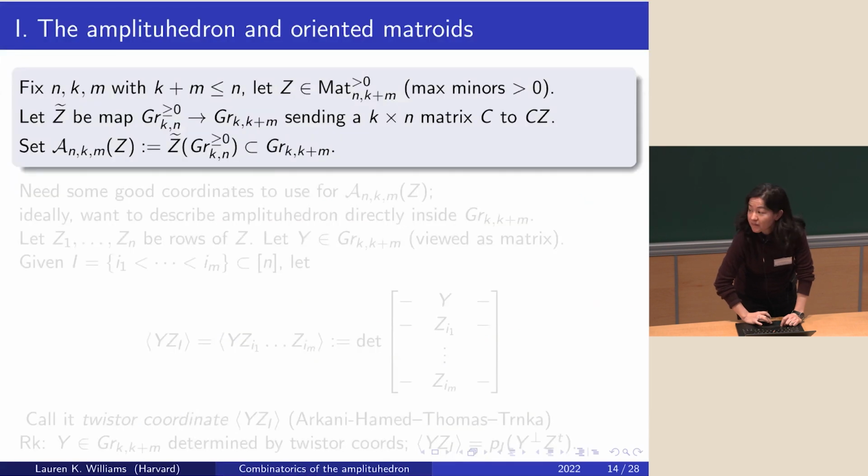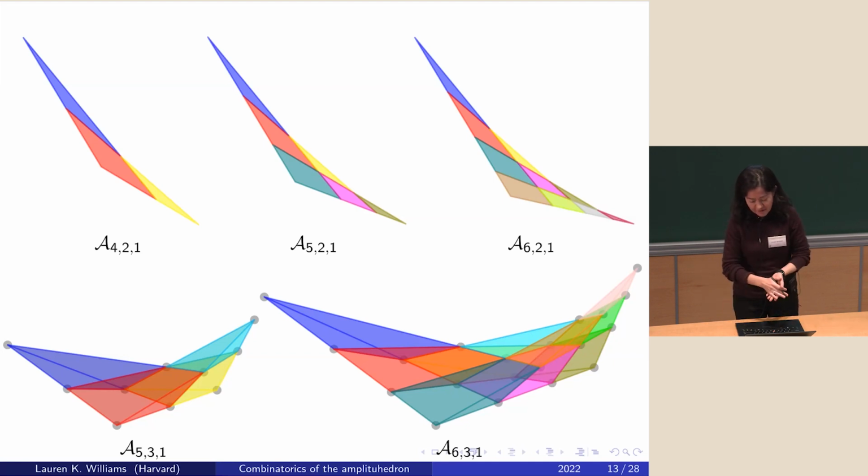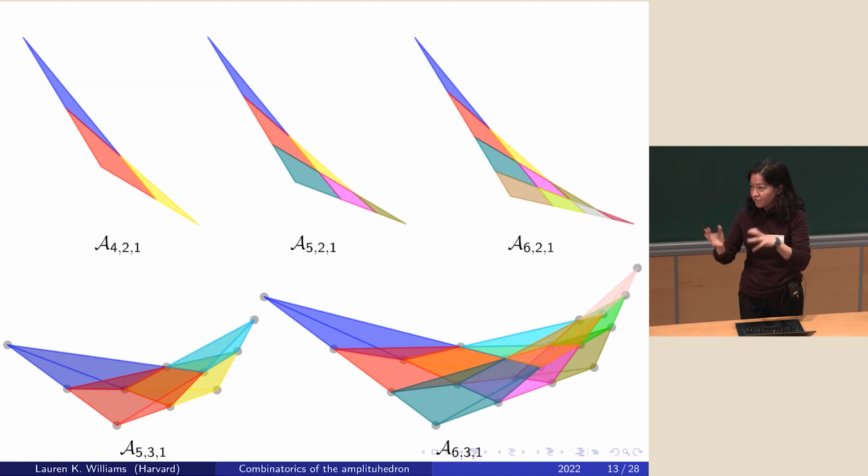Do the pictures remind you of triangulations? Oh, yes. So I've shown the hyperplanes of the arrangement, and basically there's a very nice hyperplane arrangement called the cyclic arrangement. It's chopping space into these different regions.